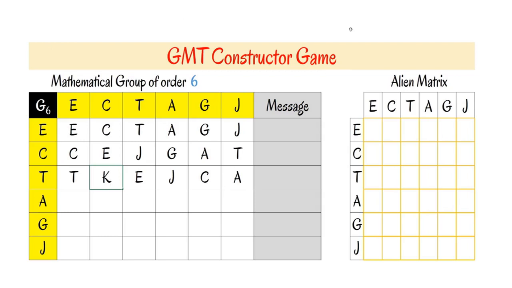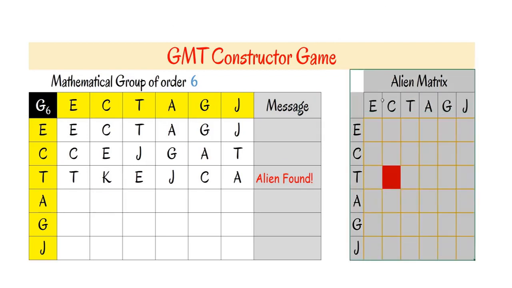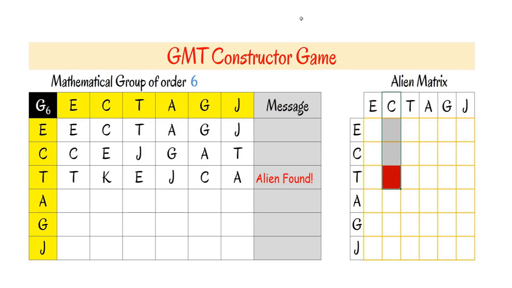See, there is a message that an alien is found, and where this alien is positioned is given in this alien matrix. See, there is the cell that changes its color to red. So this is the second column and third row. If you go to the second column and third row, this is K. You can find the position of the element that is not in the group using the alien matrix.